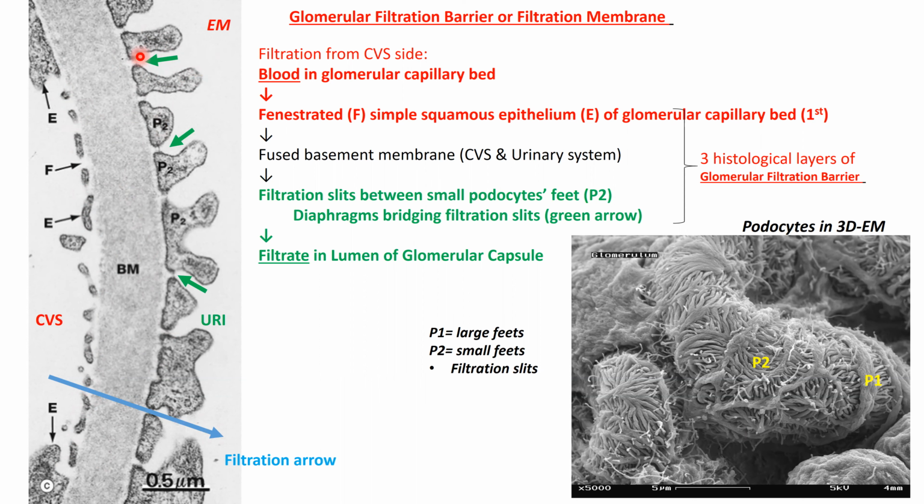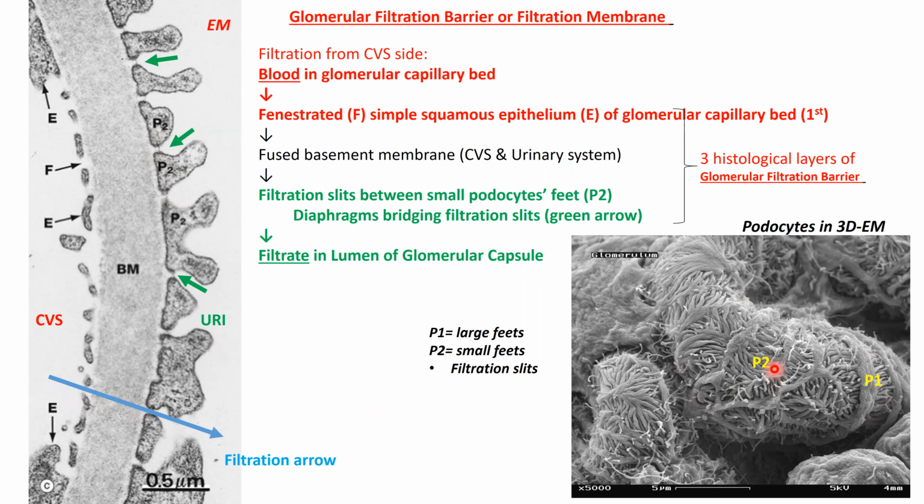So the green arrow shows you the filtration slits, and these little chunks are the sections of the P2 small podocyte feet. Between the feet, there are some little diaphragms, bridges. So now you can see how the filtration goes from fenestra, basement membrane, and filtration slit.